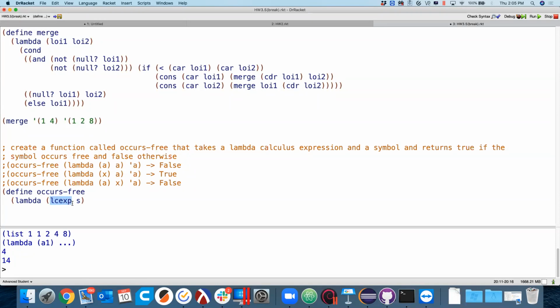Now, one thing we need to do is determine whether a variable occurs, right? So we need to have kind of two separate steps here. So I'm going to pause this guy for a second. We're going to define occurs.